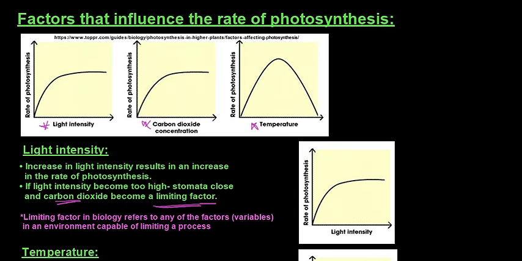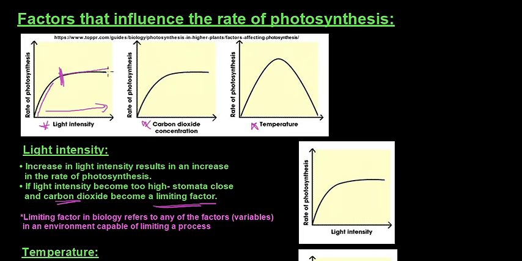Now, what is a limiting factor? In biology, it refers to any of the factors or variables in an environment capable of limiting a process. Because there's no carbon dioxide coming in, it is a requirement. That means that photosynthesis can't take place. So you'll see as the light intensity increases on this graph, the rate of photosynthesis will go up until it reaches a point or a plateau where there's too much light, which means that the rate of photosynthesis will start evening out.